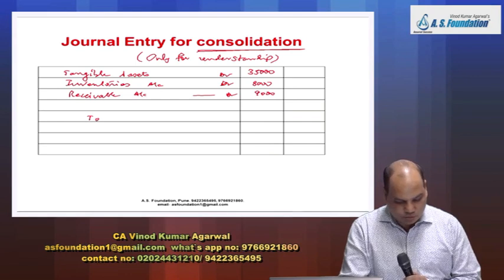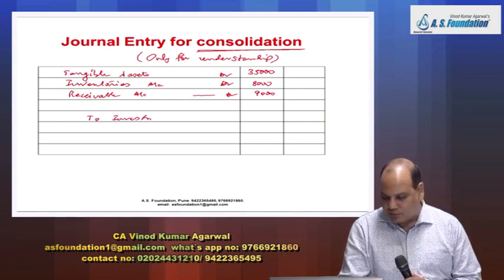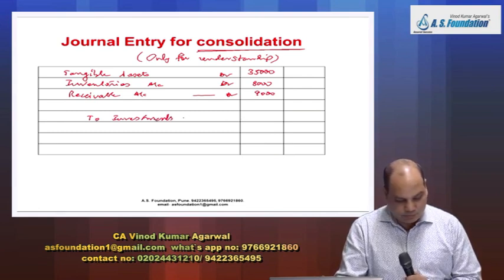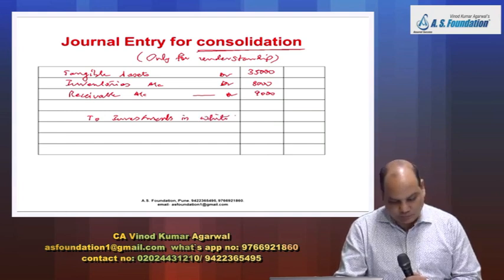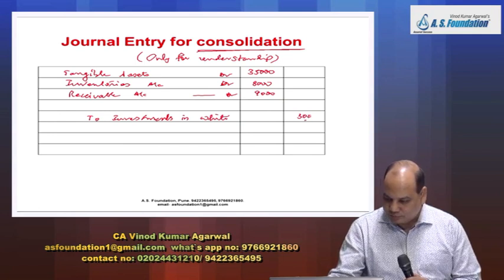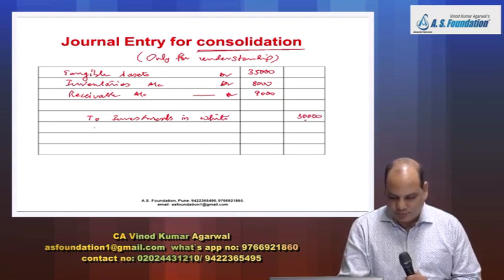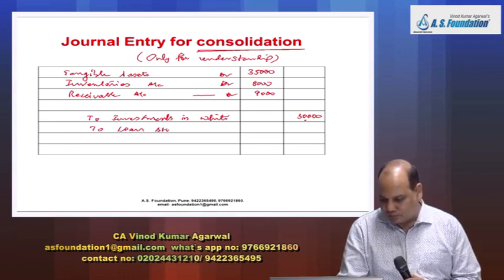And what we are going to do, we are going to cancel our investment. Against investment we are receiving so many net asset. Investment in White, is it 30,000? Say yes. Then liability side, to loan stock.